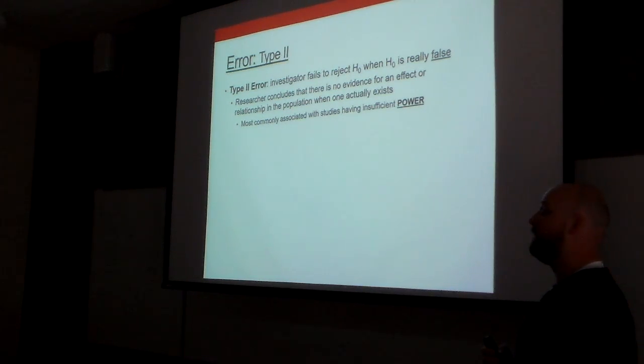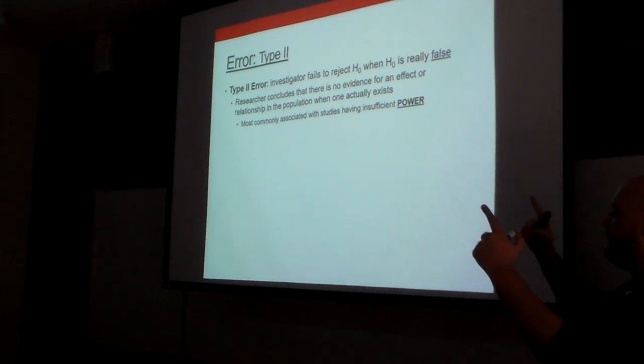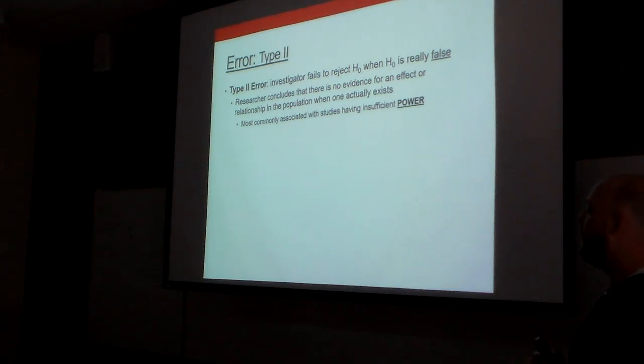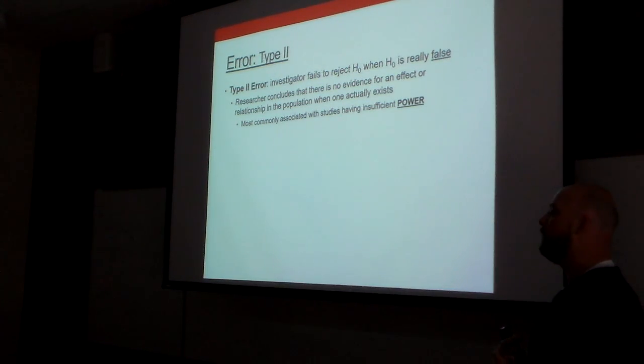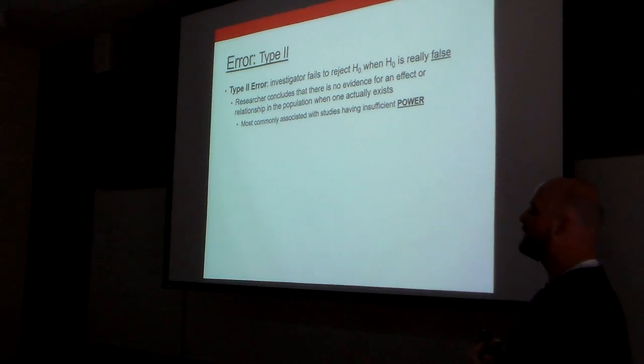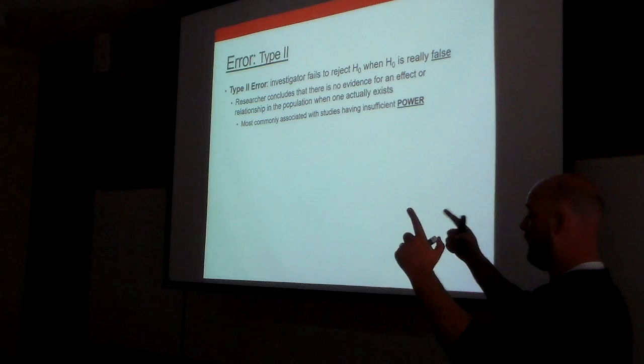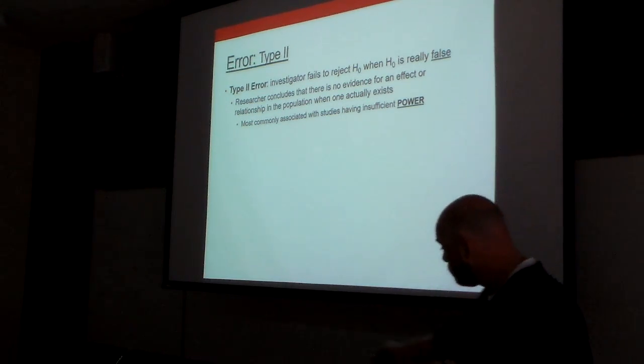But if I try to detect those differences with samples of 15, 20, 25, something like that, I might keep finding the same difference, but I just don't have enough. My standard error is too big, right? Okay. And so with these small sample studies, I'm consistently failing to reject the null hypothesis, even though in actuality, the population is different.